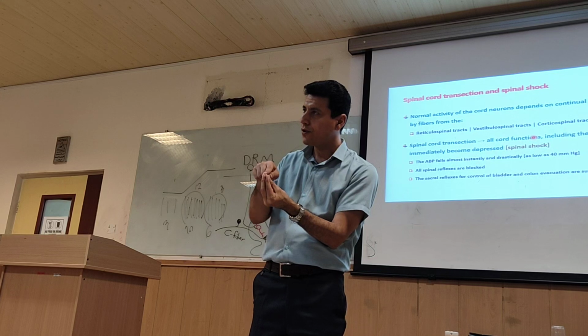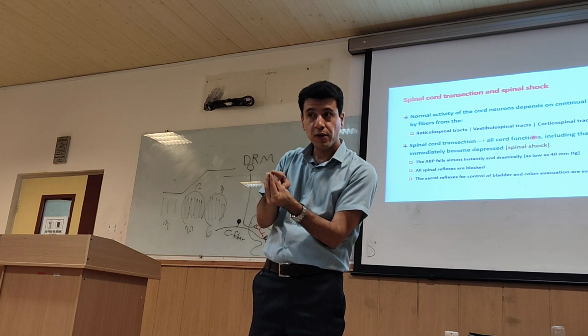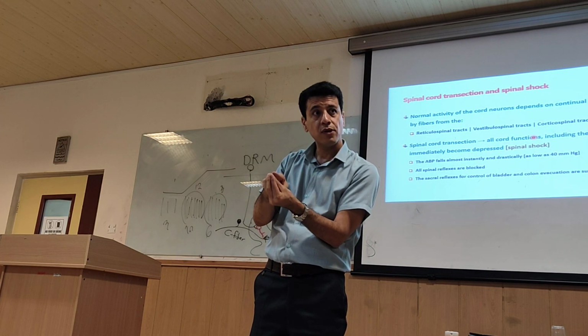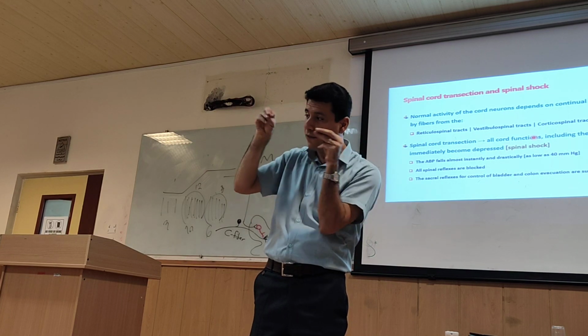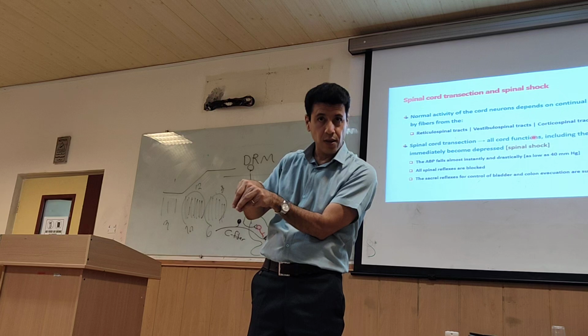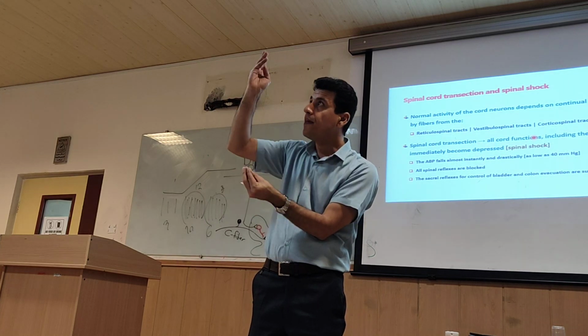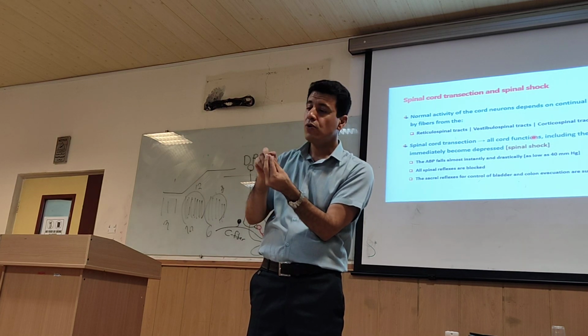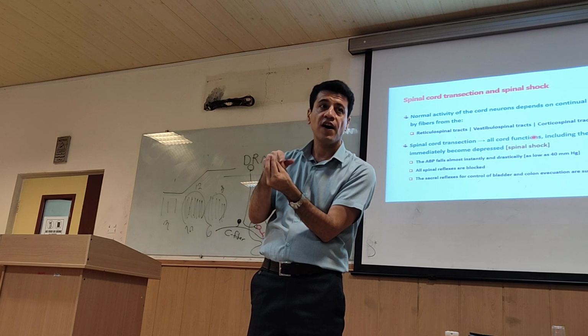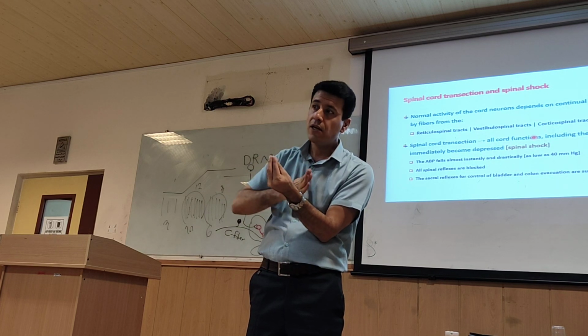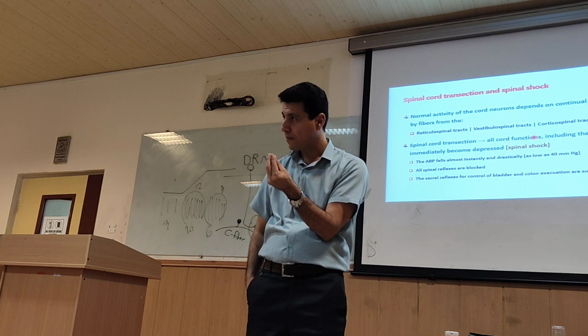The same alpha motor neuron receives information from the corticospinal tract, reticulospinal tract, the rubrospinal tract. So all of these converge on alpha motor neuron. Right? So these descending pathways usually regulate the sensitivity of alpha motor neurons to incoming sensory fibers.